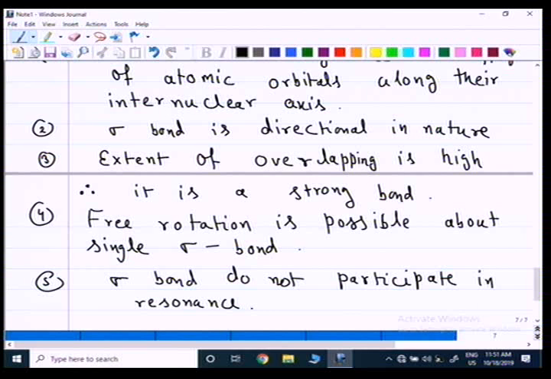Any query, anything which is not clear, or something that you want to ask? Okay guys, so let's continue.